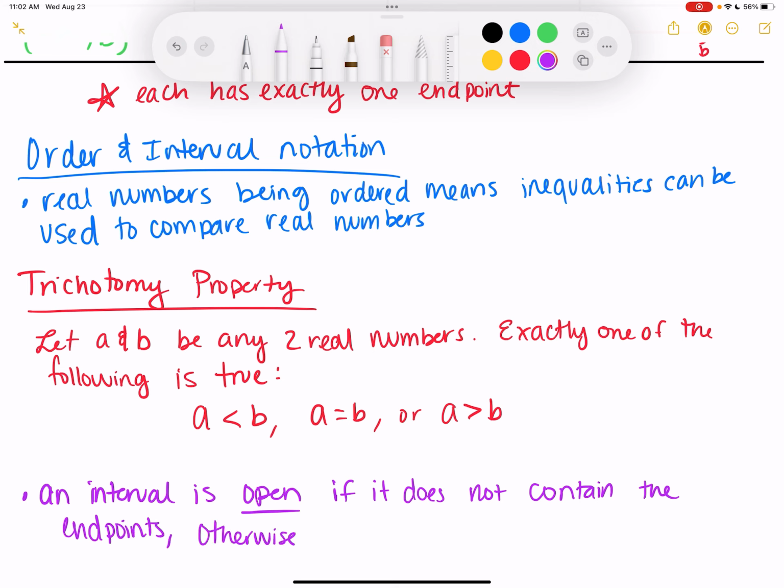Otherwise, it is closed. So that's why, even though the infinity side is always open, we're looking at the other endpoint to see if it is open or closed.